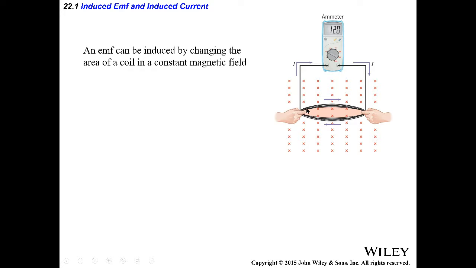This wire, even if you did not connect it to an ammeter so that there is no circuit there, but if you have this loop and you just vary the area of this, oh, then there is an EMF, even though it has not yet been connected to, let's say, an ammeter or a lamp or some device that has a resistance, so that no actual current is flowing, there's nonetheless an induced EMF.